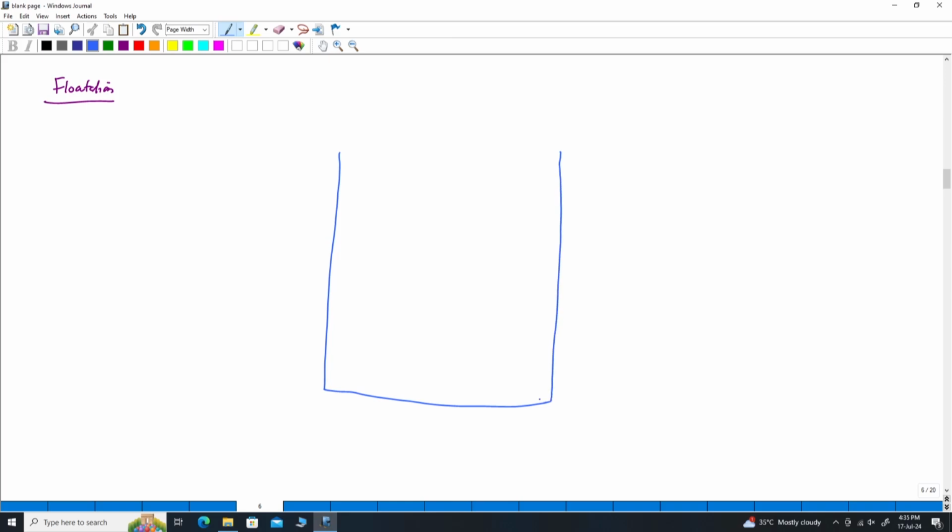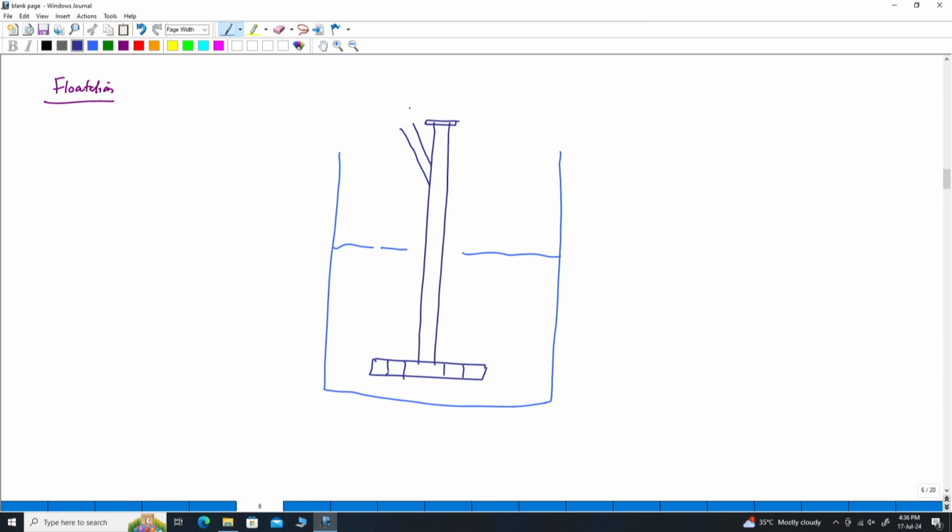This is a simplified diagram of a flotation tank, where we will have a rotating impeller, we have the input of air, and gradually we will see the flotation process.